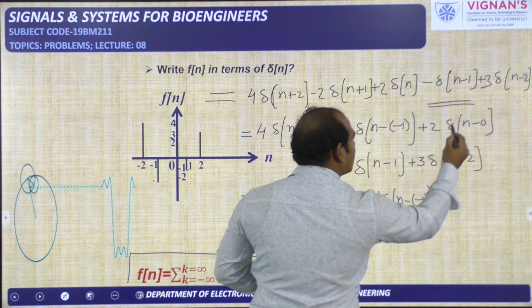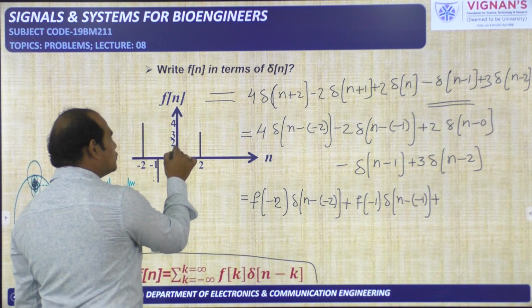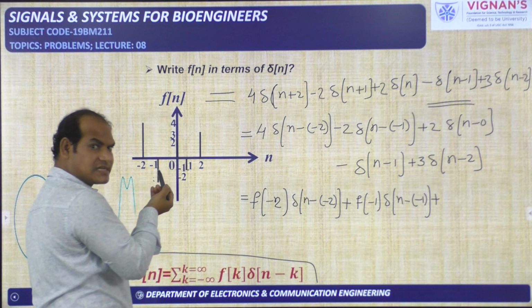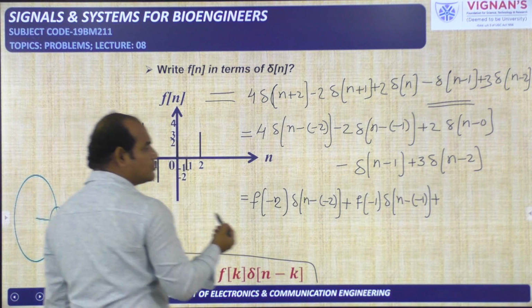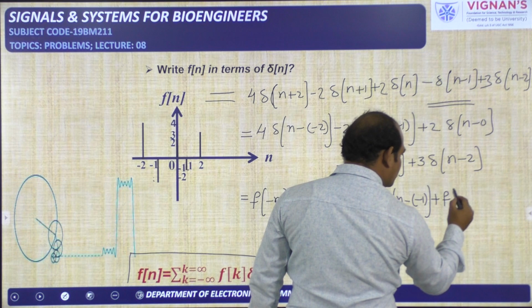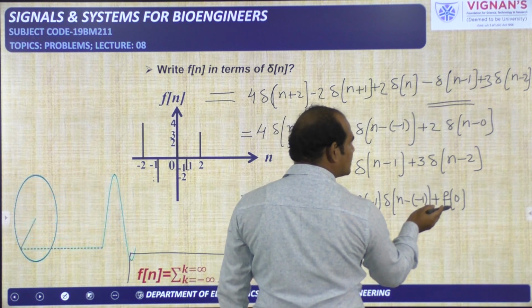Next, this 2 can be written as follows. This sample has an amplitude of 2 and is available at n is equal to 0, so directly it is the impulse signal with amplitude 2. So this can be represented as f of 0, the value of the signal f at n is equal to 0, that is 2.